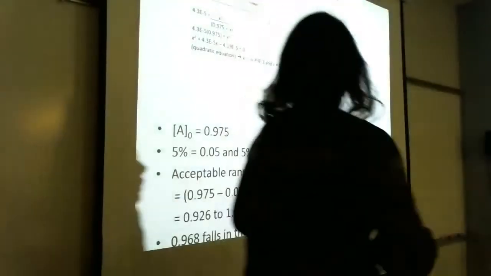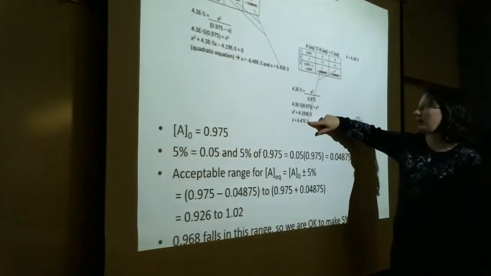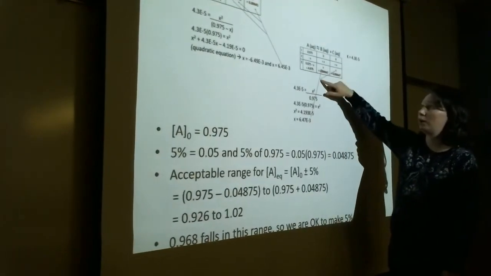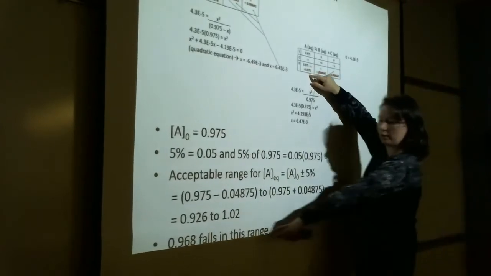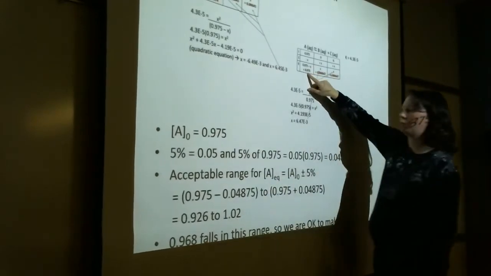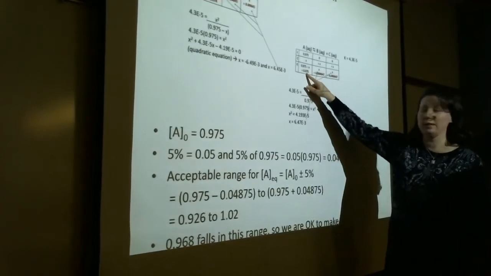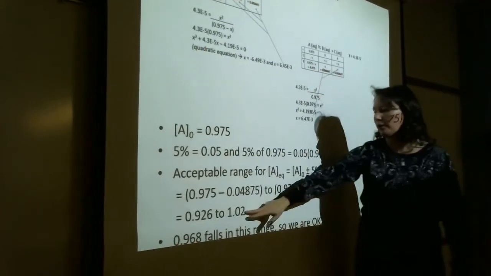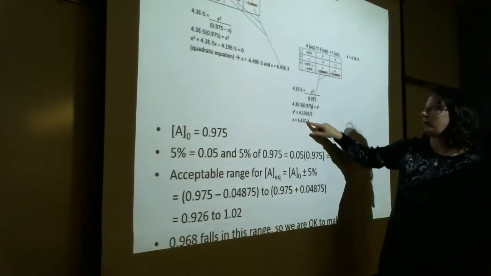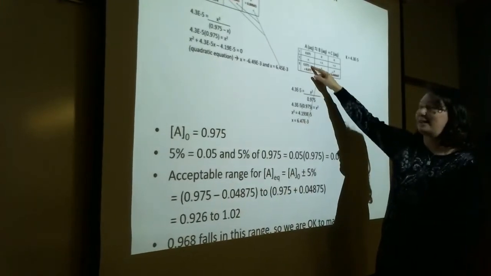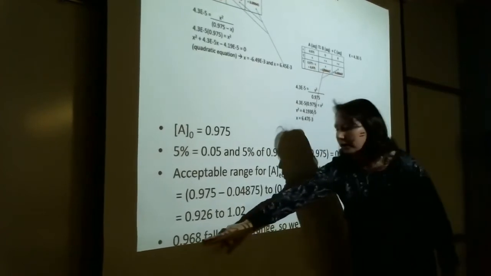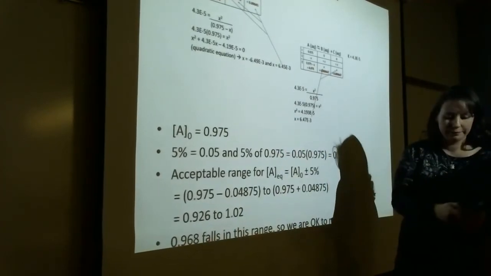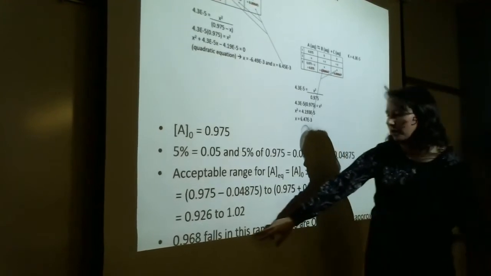So what we do is we take the value of X that we obtained using the approximation, plug it in, and that's where we get our answer. That's how we got this 0.968. Does that make sense? 0.968 is coming from the value that we got for X, plugging it in as if we were not making the approximation and seeing what we get. That's where that number comes from.